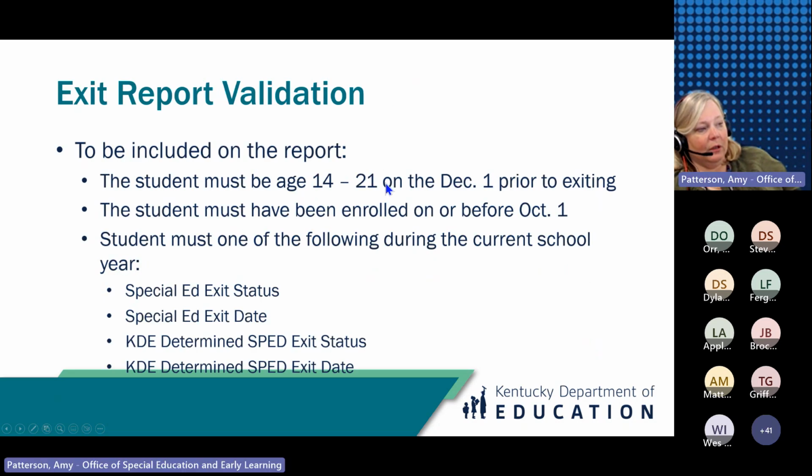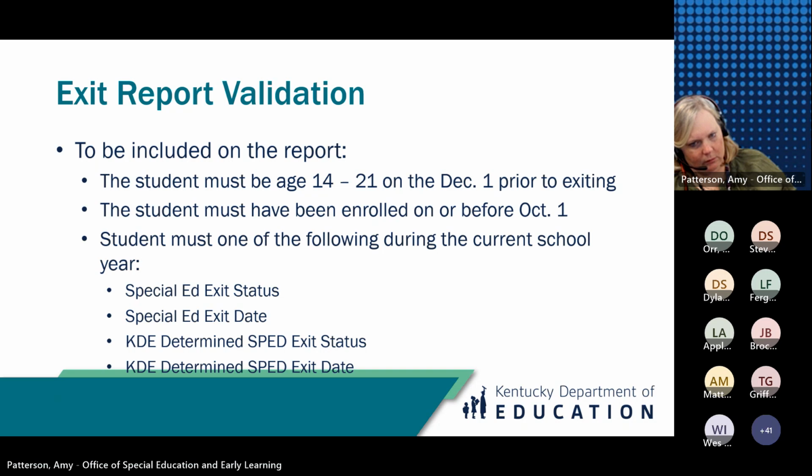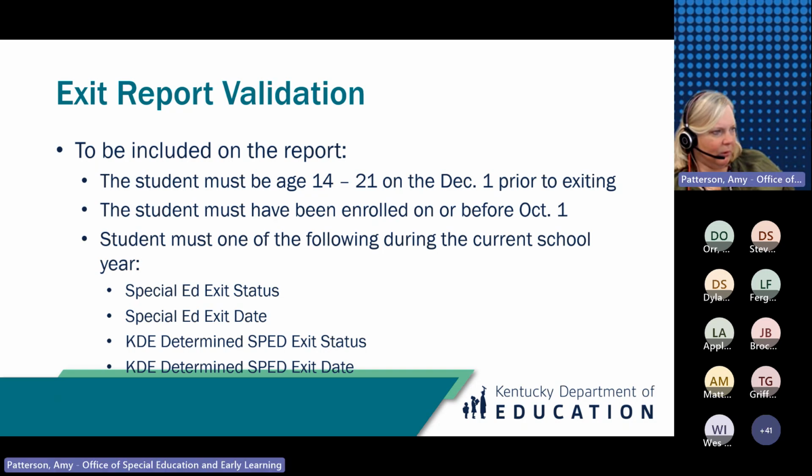So to be included on the report, the student must be age 14 to 21. So it's only for high school, well, for 14 to 21, on the December 1 prior to exiting. So if the student exited in November, it actually looks back at the prior December 1, which is a little bit annoying because it's a little confusing, but that's the way it works.